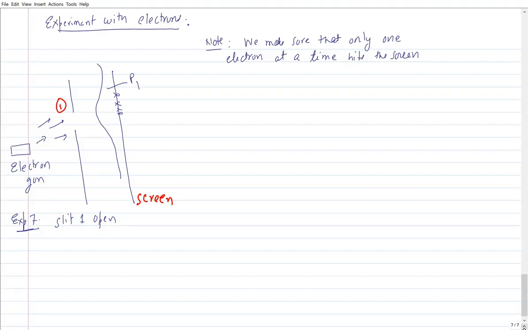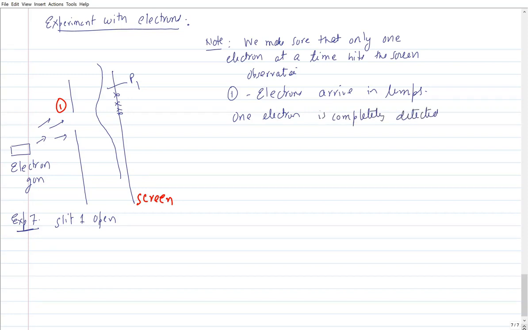I have the same sort of observation that, like bullets, electrons arrive in lumps. It is not the case that I'm observing 0.7 of an electron or 0.6 of an electron. Either I observe an electron on the screen or I do not. So one electron is completely detected on the screen.